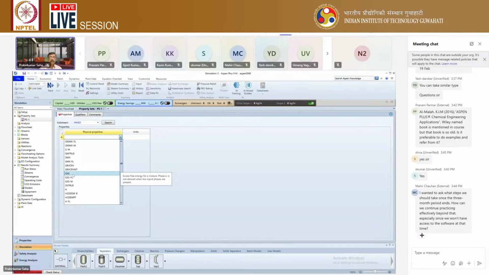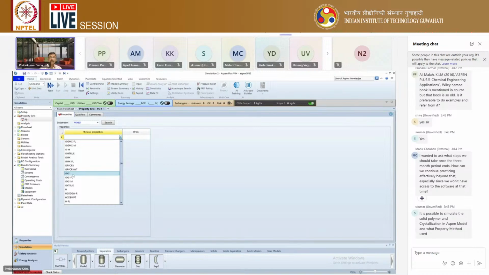Phase L is not allowed when two liquid phases are present. Okay. Or GMX, free energy of the mixture. Or say fugacity for a pure component. Free energy of a pure component. Activity coefficient for a component in a mixture. Okay. So all those things are there.